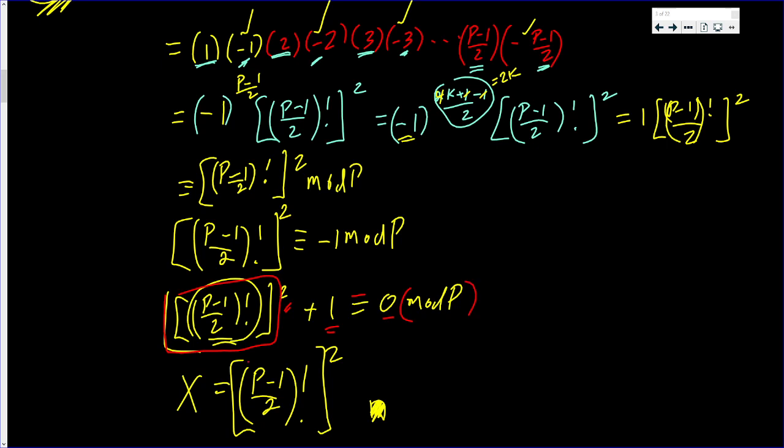Well, that something is p minus 1 over 2 factorial. Actually, I don't need the square for x, because the problem said x squared plus 1 is congruent to 0 mod p. We're just to find out what x is. And there it is. Use that for x.